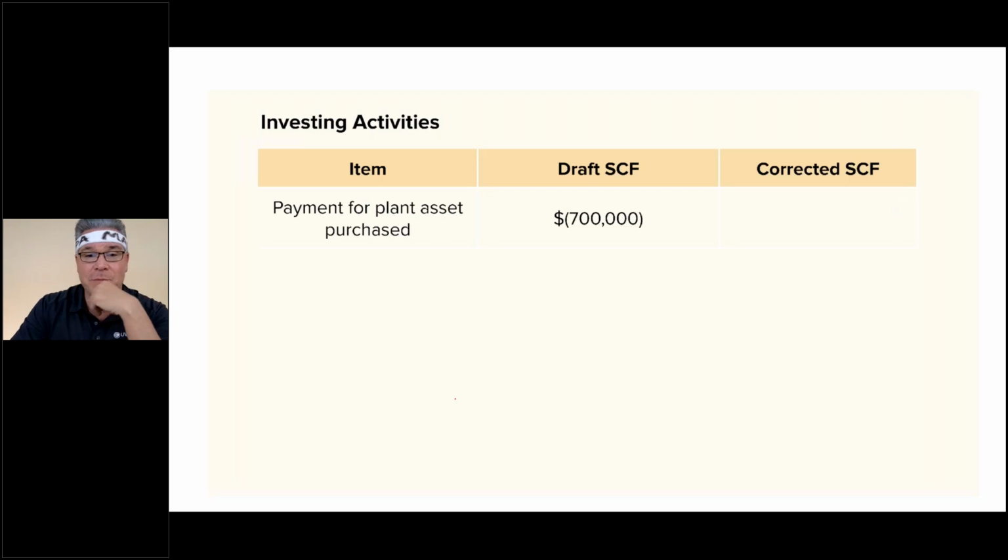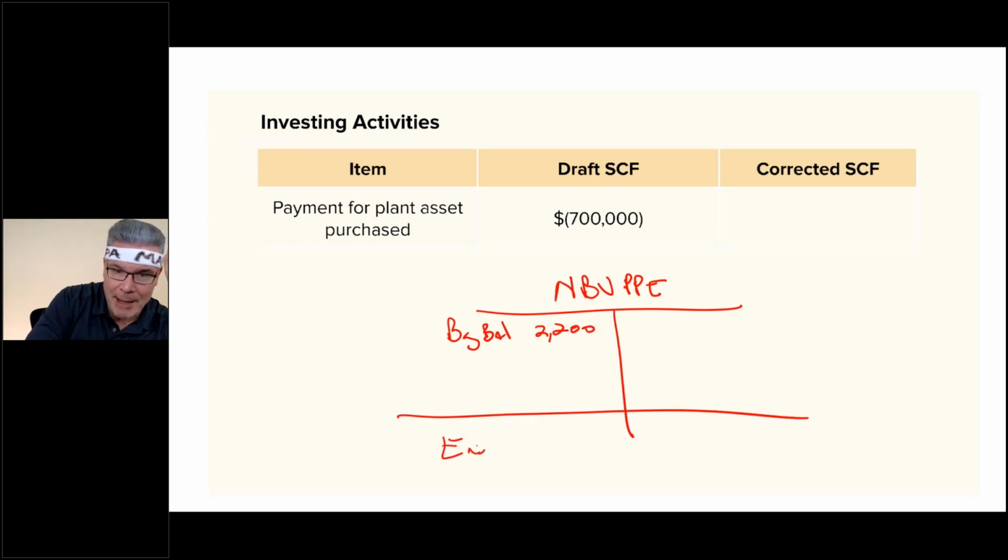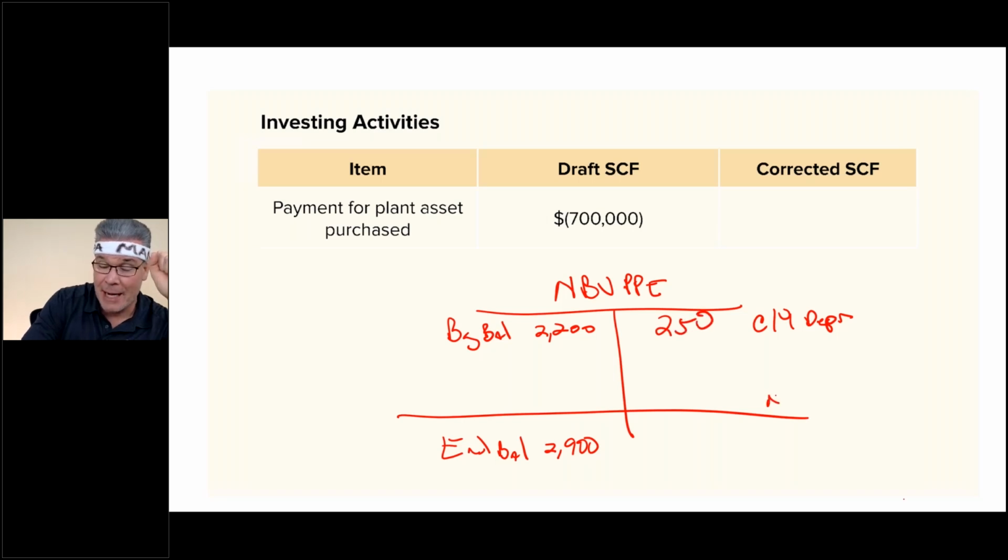Payment for purchase PP&E. Now we backed into that. Net book value of PP&E. Beginning balance. That was $2.2 million per the balance sheet. The ending balance was $2.9 million. We know our current year depreciation. We know that is $250. We solved for that. The net book value of assets sold, we saw that was $350.